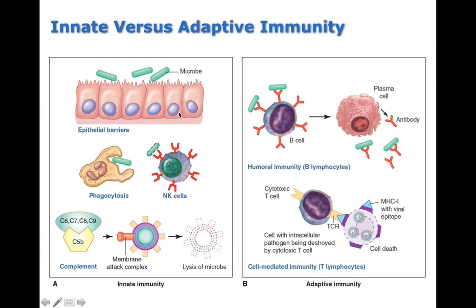The epithelium lines spaces within your body, like the lining of your airway or digestive tract or the genitourinary tracts, or even your skin. Those serve as epithelial barriers where these cells line up in a nice row, and because of their intercellular junctions, it's difficult for microorganisms to get into the body. So the epithelial barrier, even though it's just a line of cells, is in itself part of your innate immune response because it helps to prevent infection.